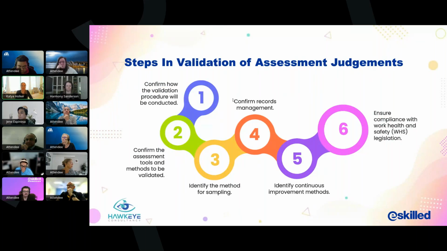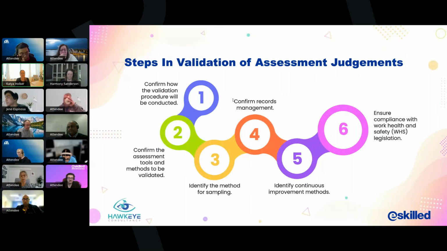So, steps in validation of assessment judgments. We would recommend that you actually look at your student data and take a risk-based approach. You can actually confirm your validation procedure first of all, which should outline that information. If not, I invite you to go and have a look at creating one that can be clearly documented.